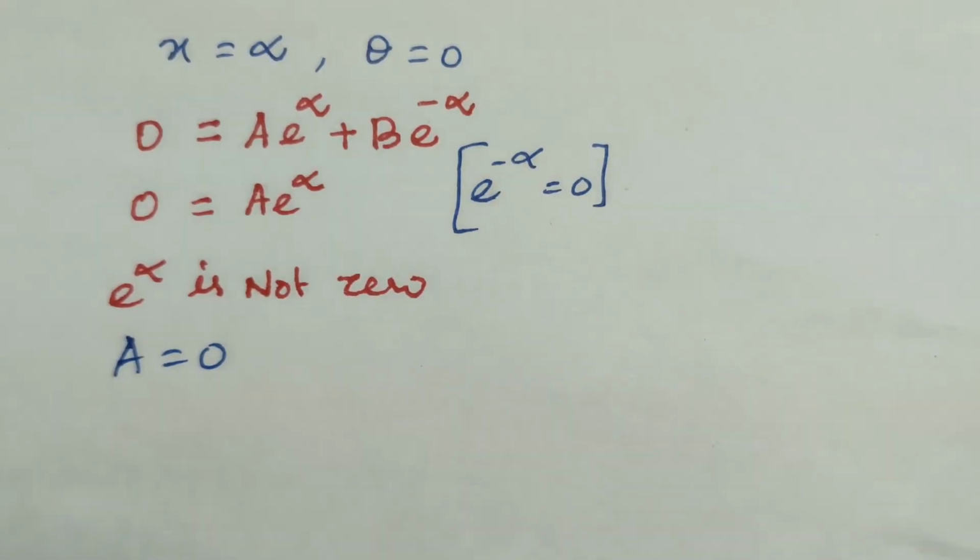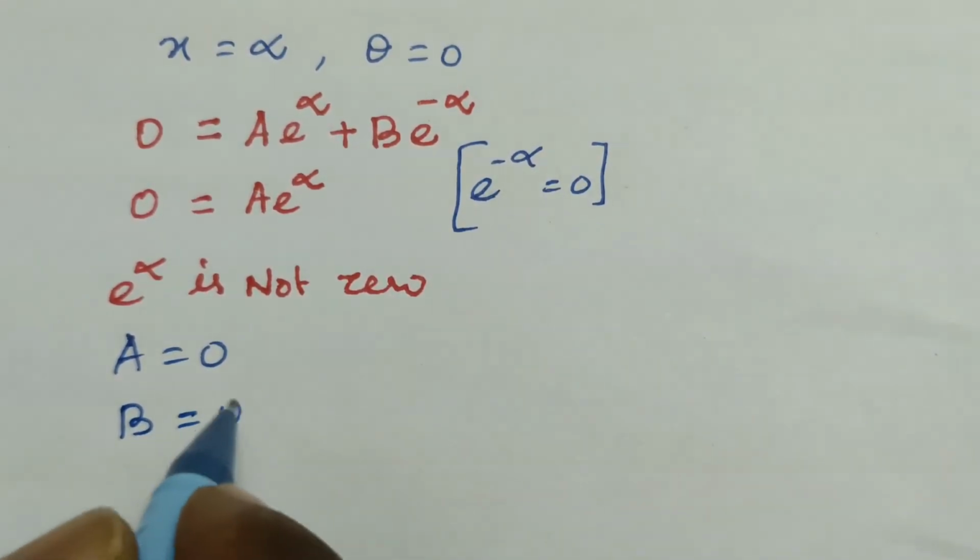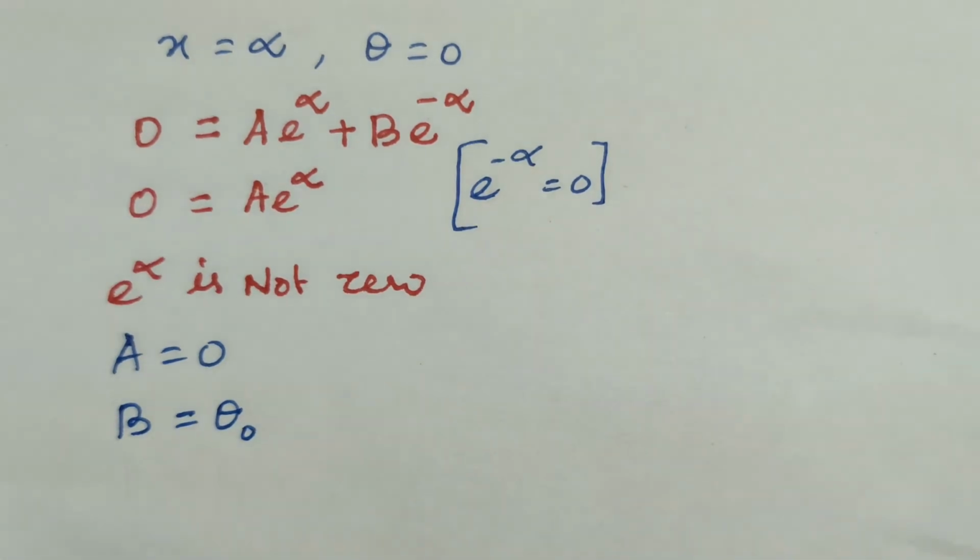Then a equal to 0 னா thereby equation substitute பண்ணிங்கன்னா b is equal to theta 0.